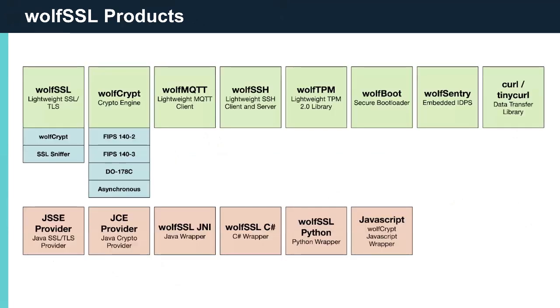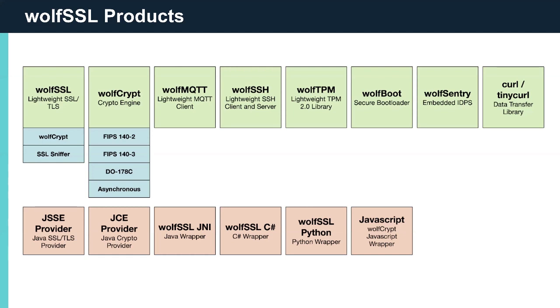This slide gives you an overview of our current products. So wolfSSL and wolfCrypt are kind of our primary and longest tenured products. All these products in the first row there are written in C. And so wolfCrypt kind of provides the foundation where we have all of our own cryptography implemented. We have some validations for FIPS 140-2. We're currently in the process of getting a 140-3 certificate.